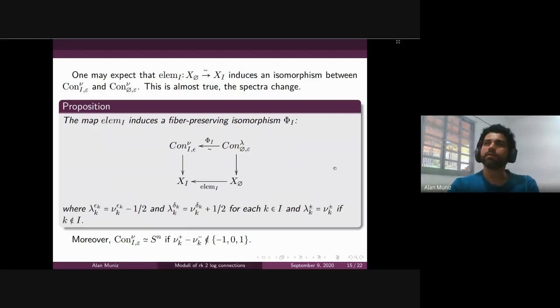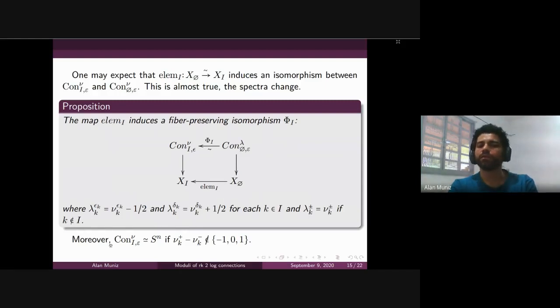Well, we have that this space with good eigenvalues is isomorphic to S to the n power. So if lambda is good enough, we have the same isomorphisms.